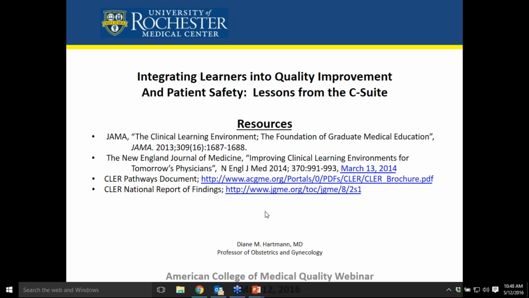There's a charge paid to the ACGME annually, the same charge for everyone, and that funding is utilized to do all of the accreditation work by the ACGME, the residency review committees, as well as the work of CLER. So you're not charged individually for those visits.